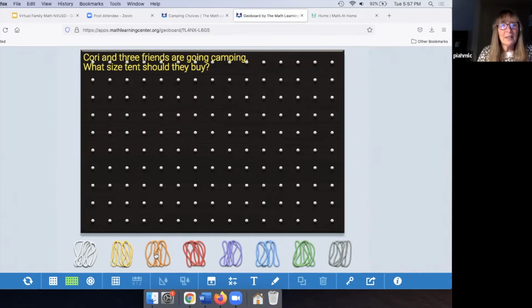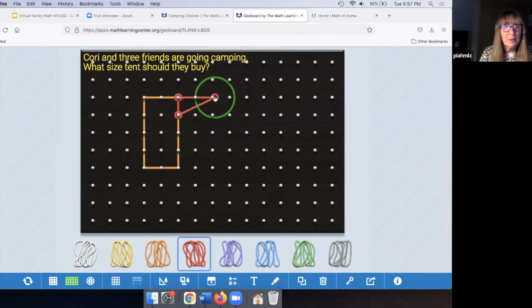And now I can think about, okay, well, this is Corey's spot. And maybe that's going to be big enough, but maybe Corey needs a little bit more length because Corey has long legs. And now that's one person, but now I need to build another spot for another friend.